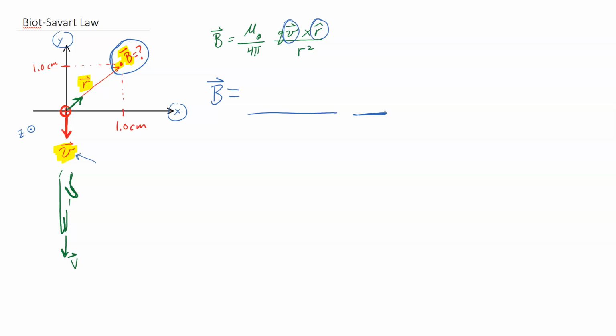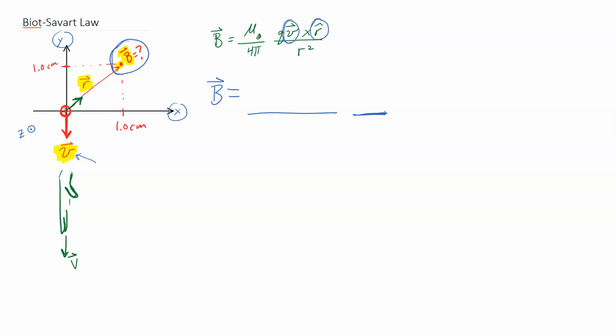Do this with me. Point your right hand downward, so it's kind of like curling around your notebook surface. Your fingers are pointing downward, and your thumb is straight out away from this page and towards your eyes.